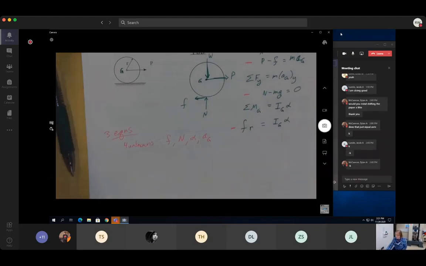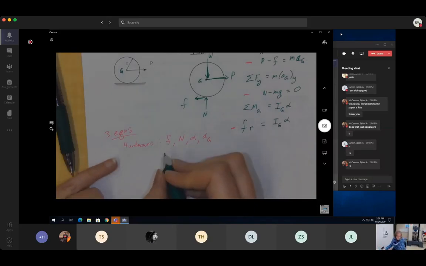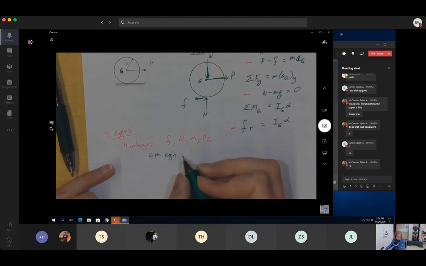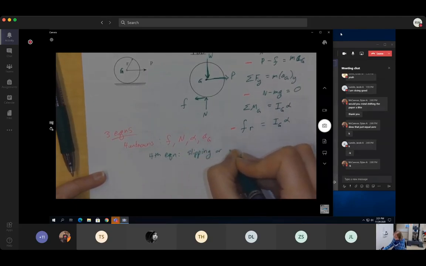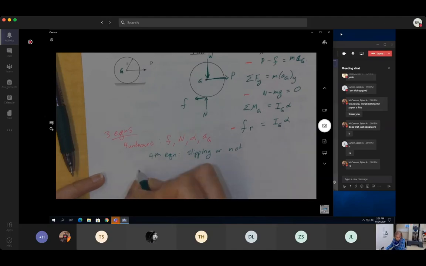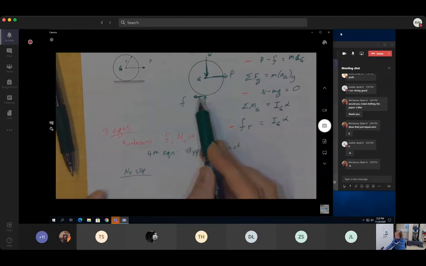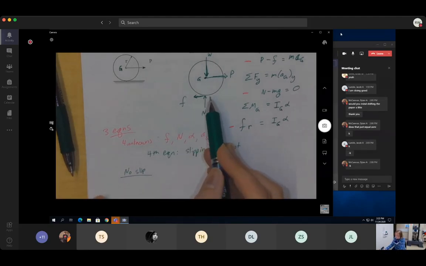So we need to know whether or not we're rolling with slipping or not. So if there's no slip, then our friction force is preventing slipping. We have a static friction.